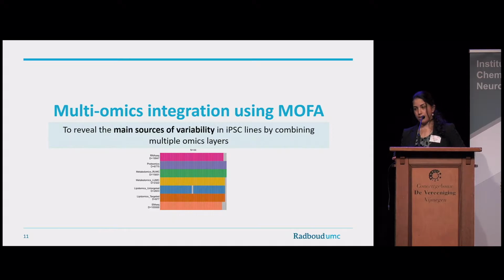Next, the main purpose here is to integrate the data and see if we can capture more variation or derive new findings from this. So we used the MOFA package. I think many people already presented their results where MOFA was used, so I won't dive into the details of what MOFA is.